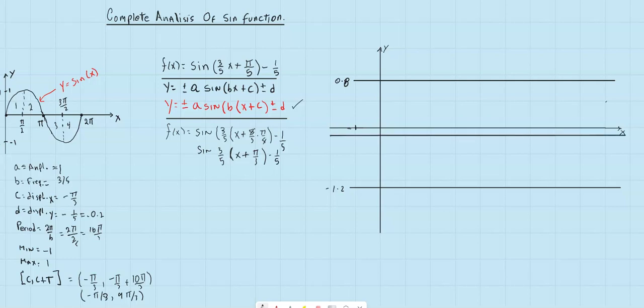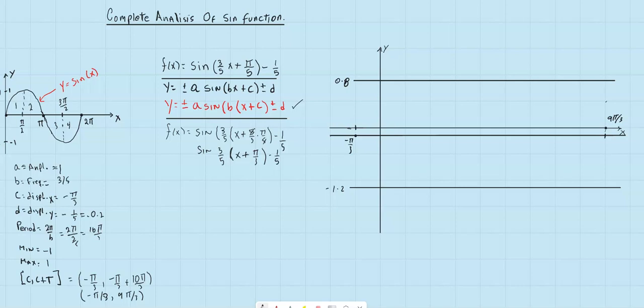So now I know this point right here is negative pi over 3. And this right here is going to be 9 pi over 3. And I know it's going to come all the way to here. Okay, so I'm going to divide.